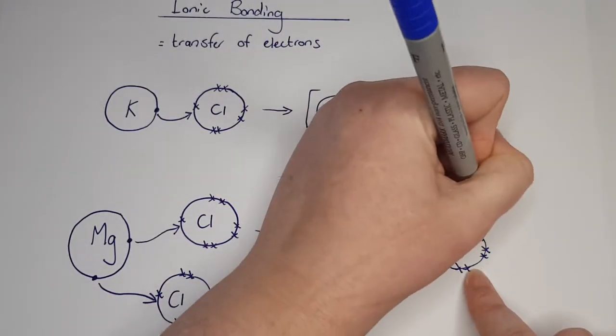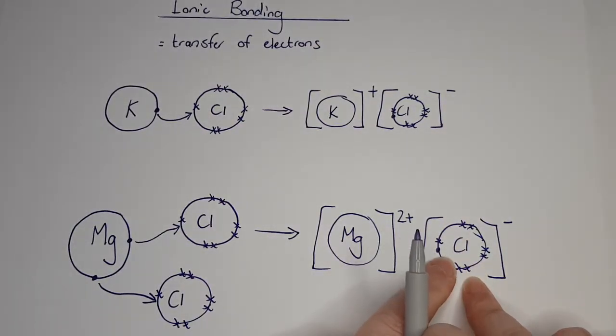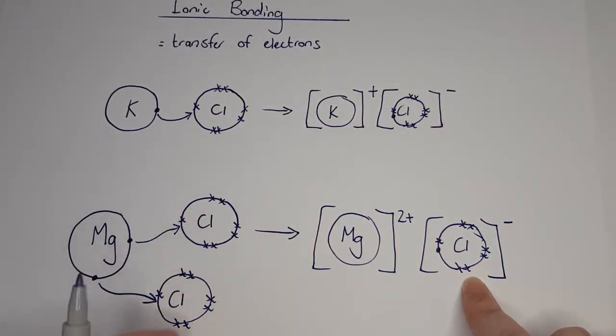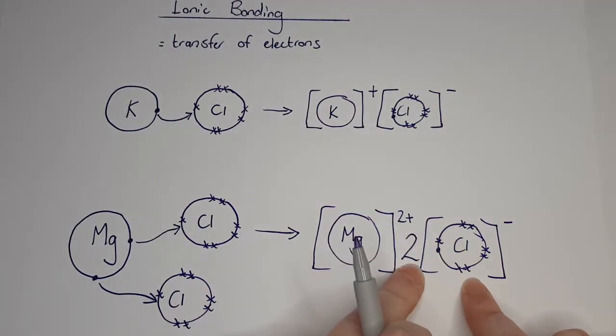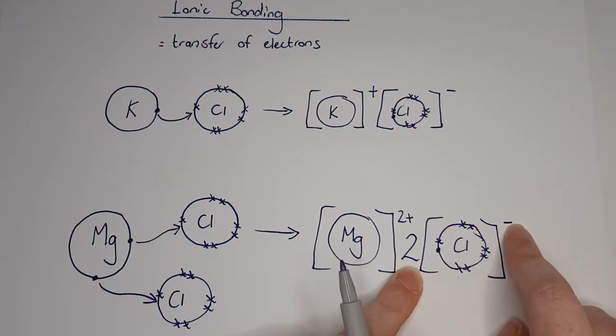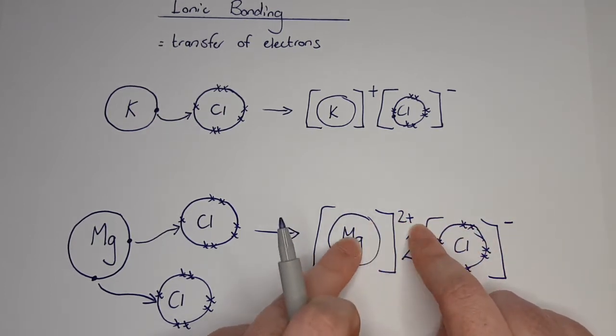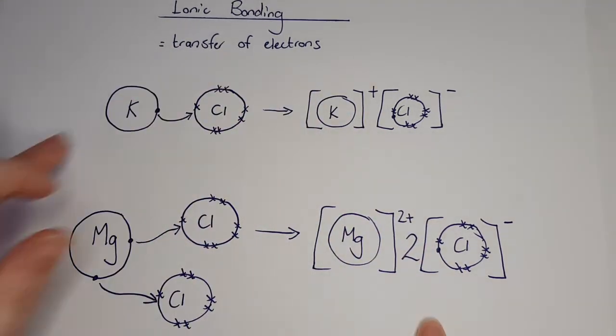So its charge is still 1 minus because it still gained 1 electron. But there were 2 of them, so I can put a 2 in front of that chlorine to represent there's 2 of those. But that charge still remains as 1 minus. Okay, so that's how we're going to represent ionic bonding.